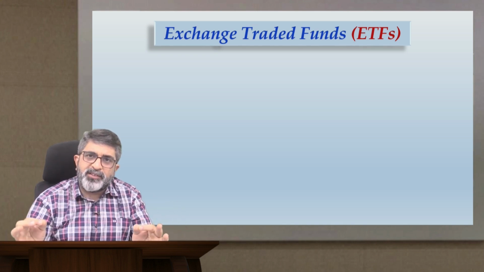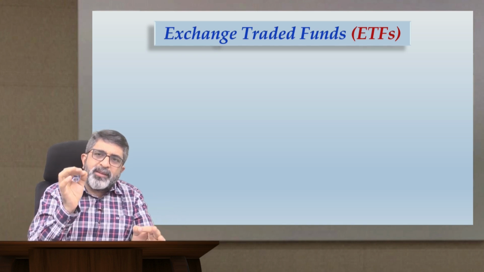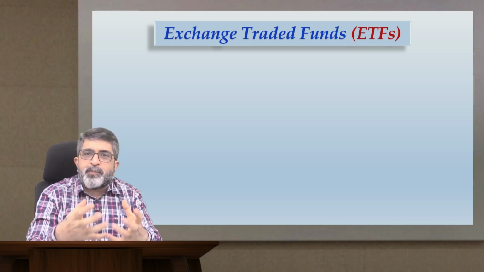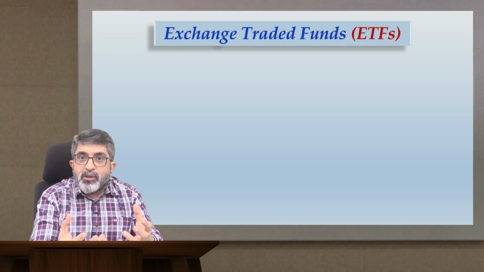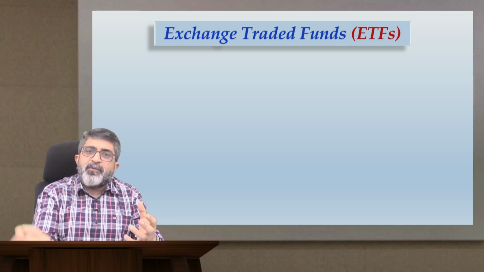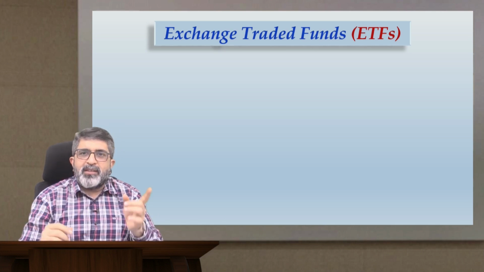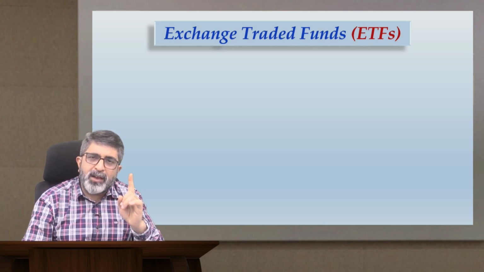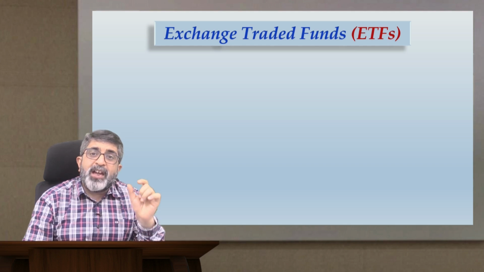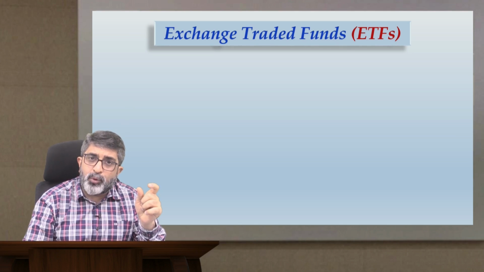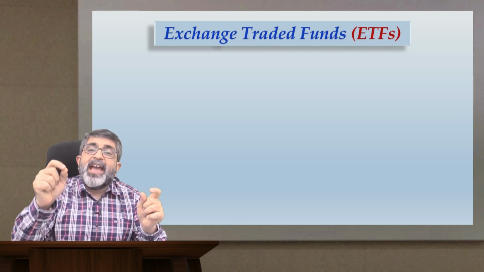of the creation process. Now use your simple common sense to identify when the authorized participant would want the units to be created and when they would want the units to be redeemed. This has a simple comparison of the ETF market price, that is the market price of ETF shares or ETF units, with their NAVs.